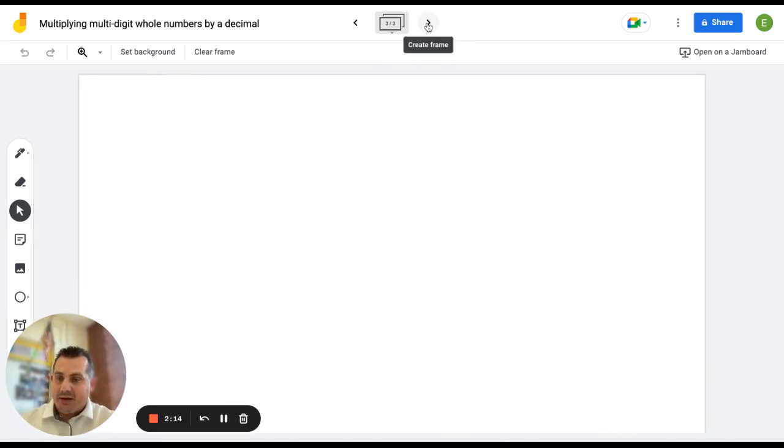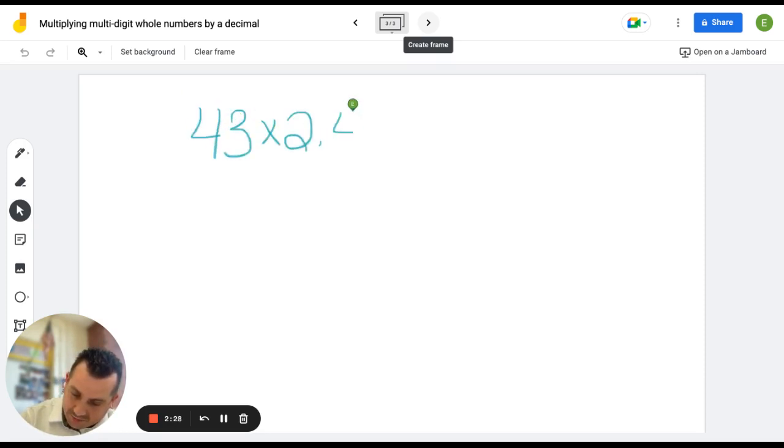I'm going to open up a new screen here because I want to be able to come back to that. We had 43 times 2 and 4 tenths. First, I'm going to use the standard algorithm to multiply these numbers.